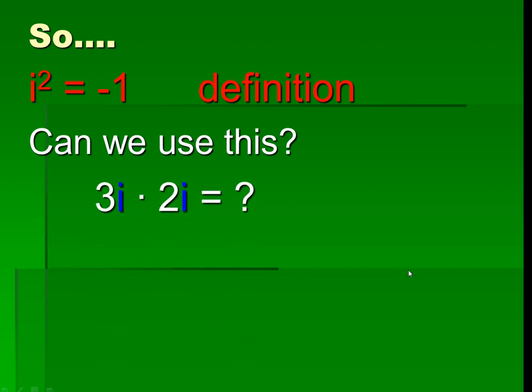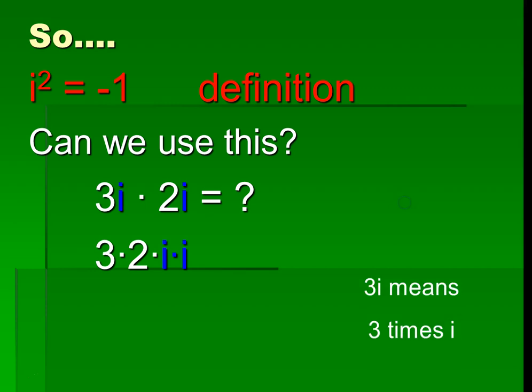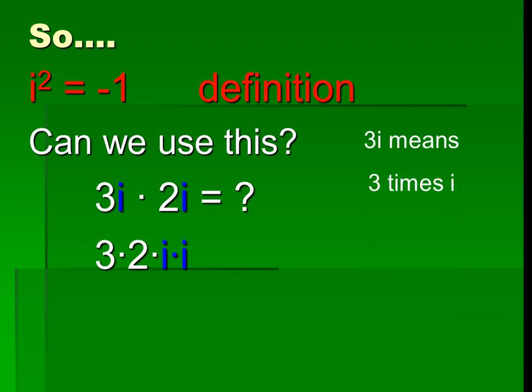Well, let's look right here. I have 3i times 2i. I'm some engineer, I'm doing something, I have 3i times 2i. Well, I'm going to move it around a little bit because I can do that in the commutative property of multiplication. And you need to remember, 3i means 3 times i. Don't forget, that's a basic rule of algebra.